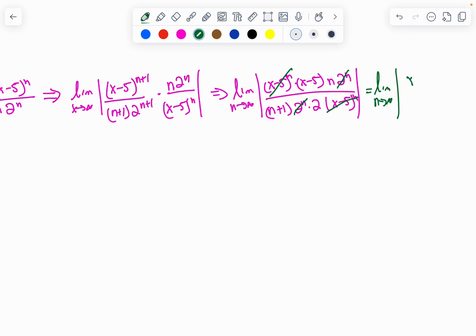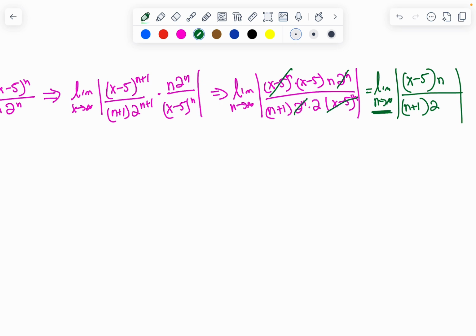You're left with x minus 5 times n over n plus 1 times 2. All right. So remember that you're taking the limit as n approaches infinity.